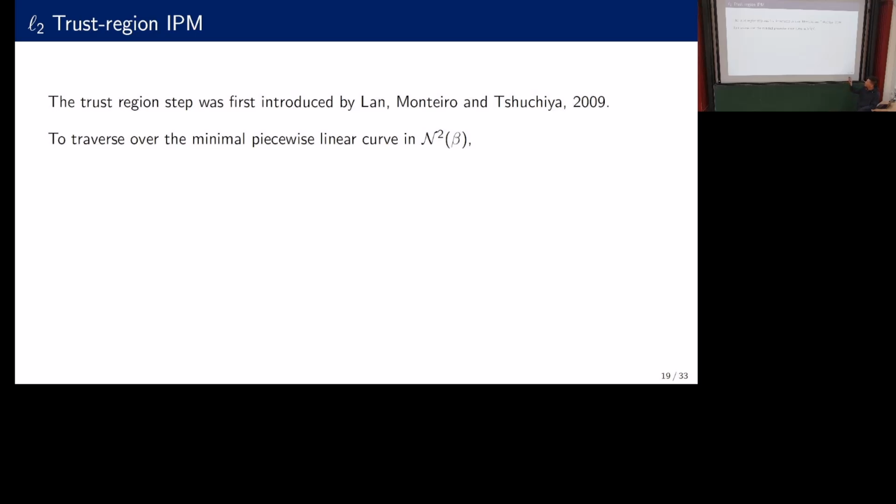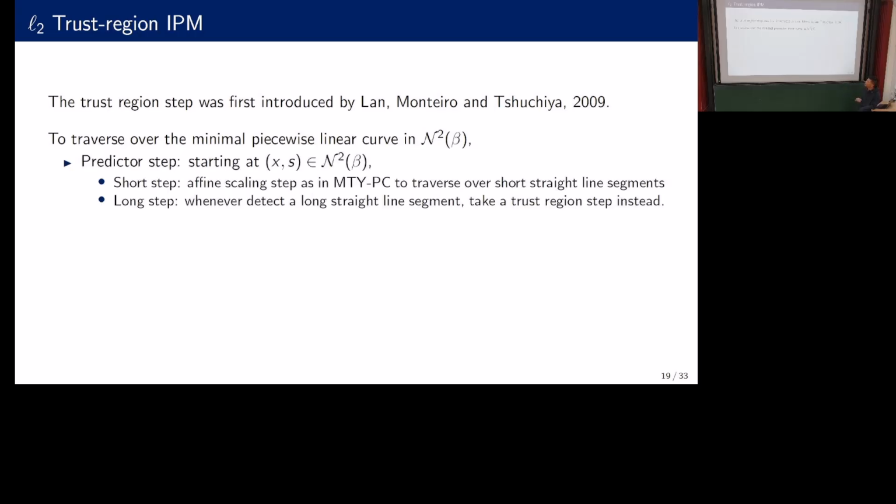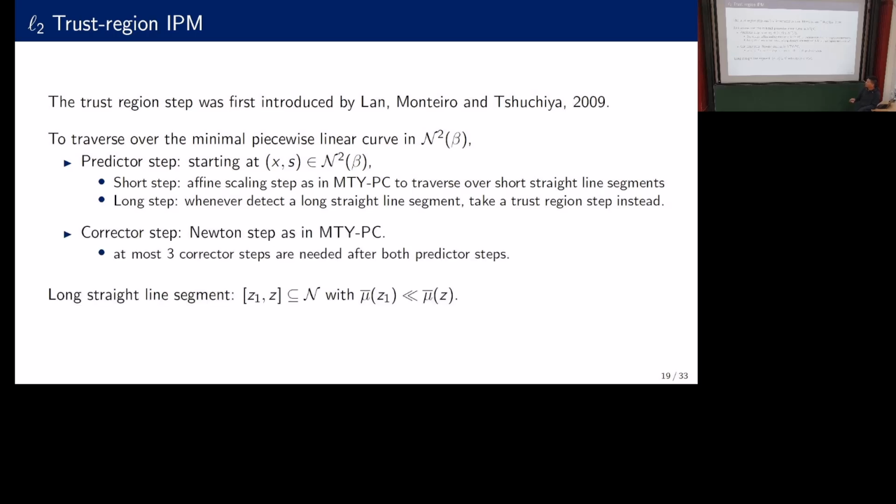So in order to traverse the minimal piecewise linear curve in the L2 neighborhood, we either take a short step or a long step, or the predictor step. We use the affine scaling step as in the previous Mizuno-Todd-Ye paper to traverse any short straight line segments. And whenever we detect that we are on a long straight line segment, we take a trust region step instead. As the later analysis shows, in both cases this is the near optimal thing that we can do.